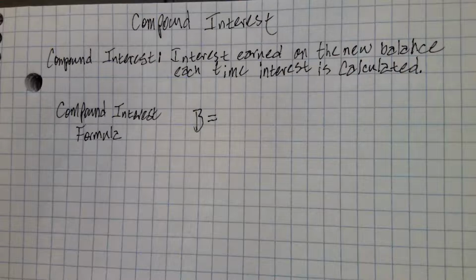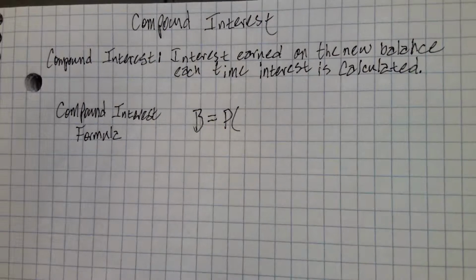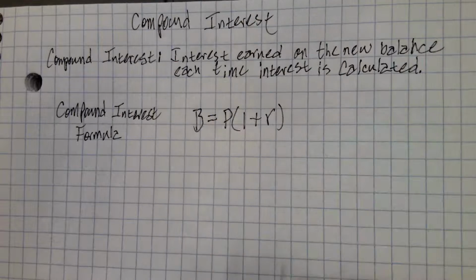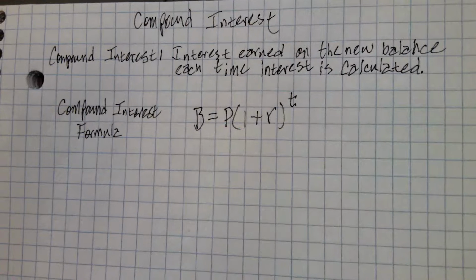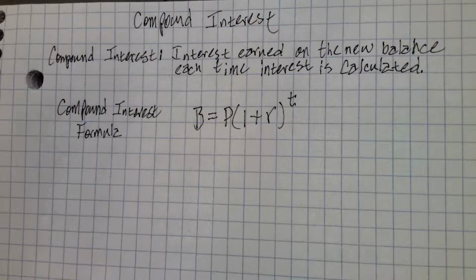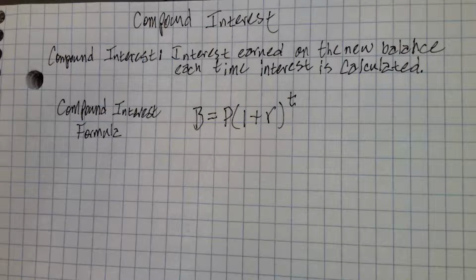The compound interest formula is B equals P, parentheses 1 plus R, close the parentheses, raised to the T power. So write that down. B equals P, open parentheses, 1 plus R, close them, raised to the T power.